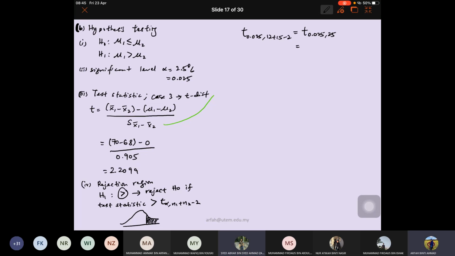Betul. 2.060. Okay. So, 2.060 katakan dekat sini.